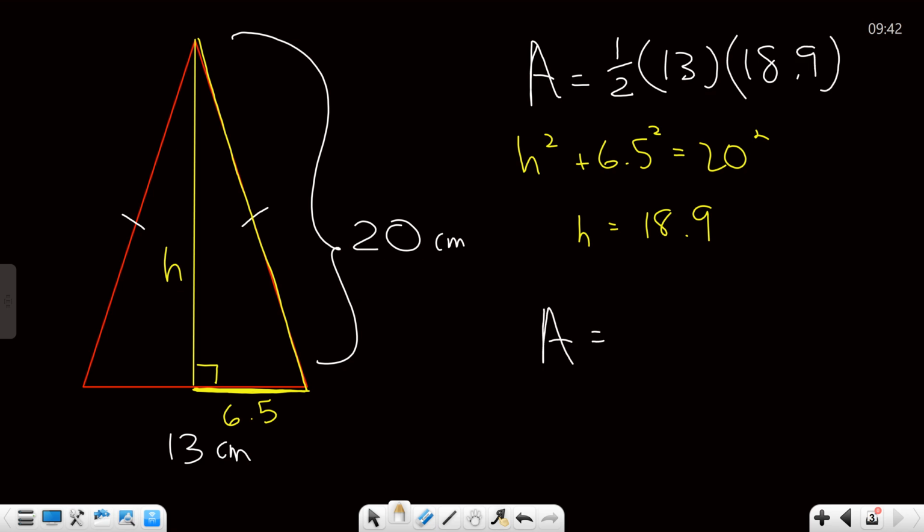That gives us, see, what is it? 122.9. We'll go with 9. What are my units here? Centimeters. No, centimeter squared.